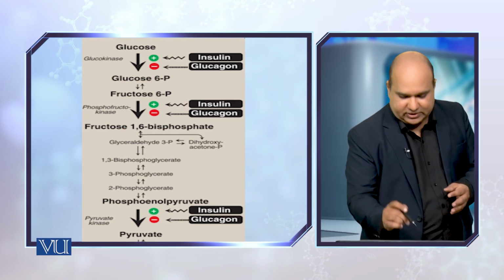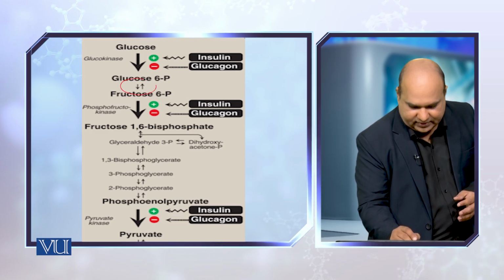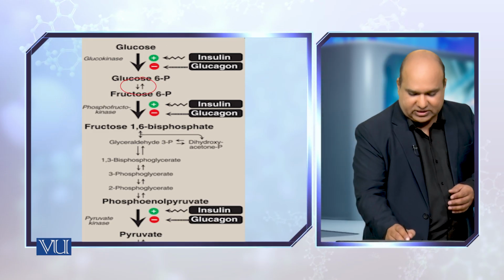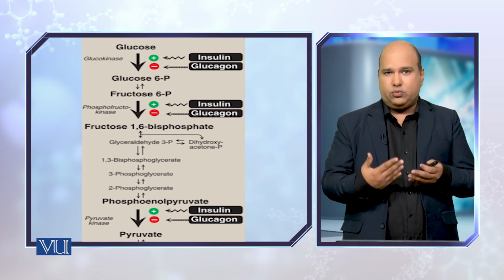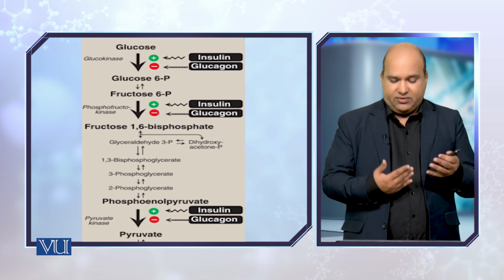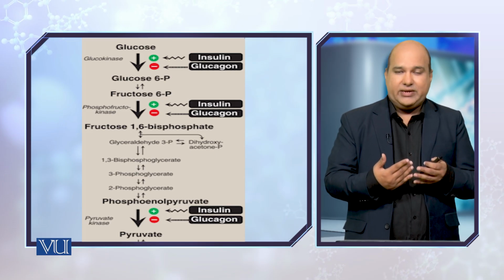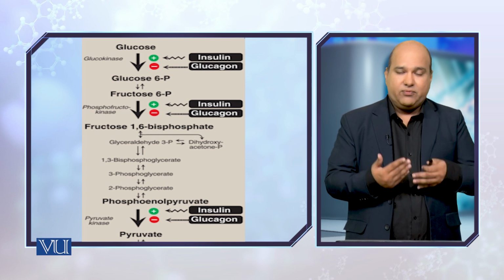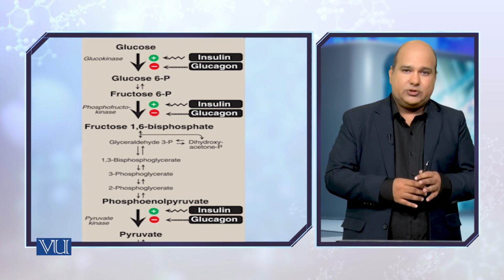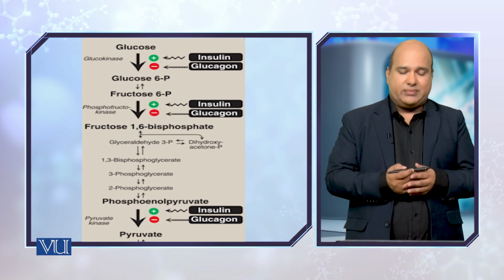So you have to devise a way around the problem caused by this irreversibility, because we want to move towards the formation of glucose. We have to have some solution.